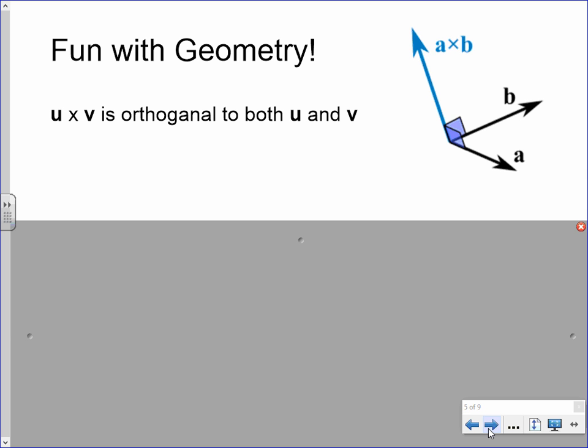When you take the cross product, it becomes an orthogonal vector to both U and V. This is the right-hand rule for those of you in physics. The cross product is orthogonal to both vectors, which is very useful when you're working with a lot of different things.